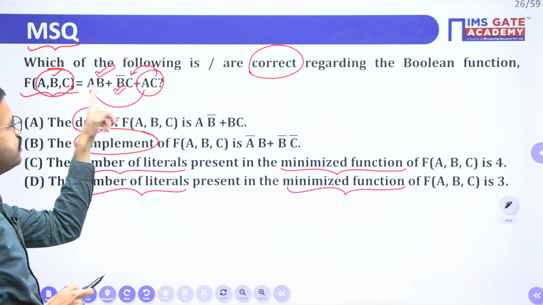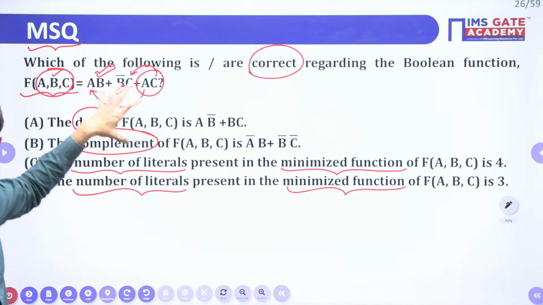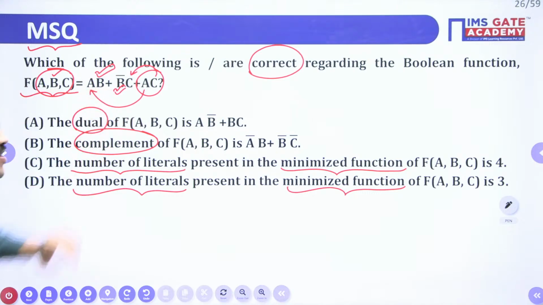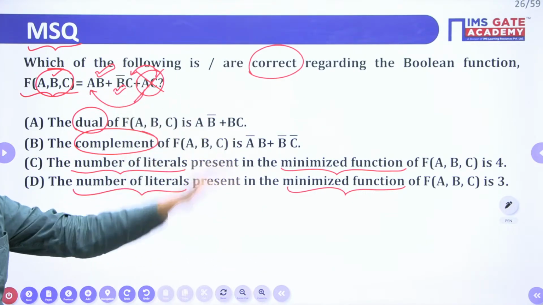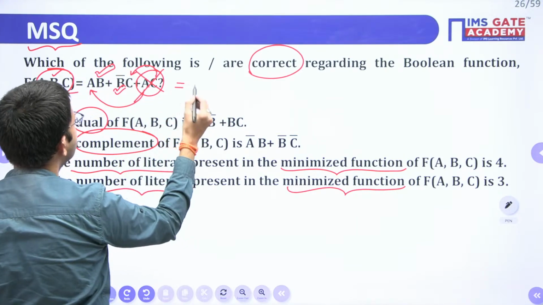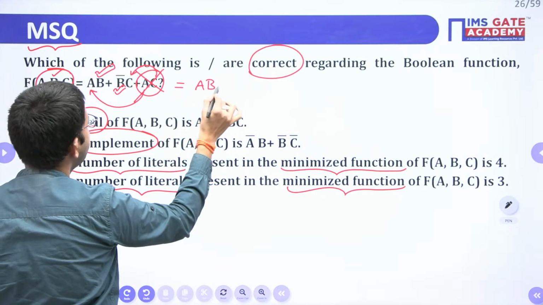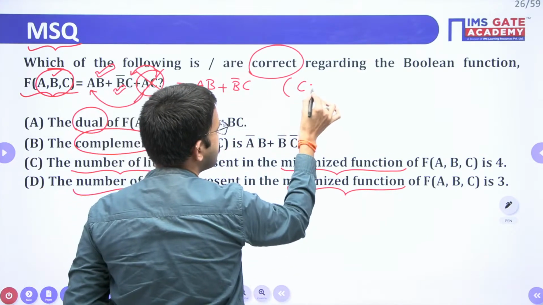B can be present here, B' can be present here. If in all those cases the logic I have discussed is satisfied, now you can ignore this particular term. That is the redundant term. That is not at all required. Whatever three terms you have, you can simplify to two terms, that is AB + B'C. This is nothing but using the consensus law.